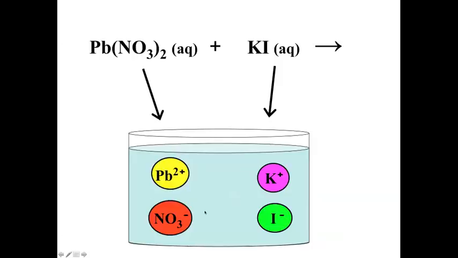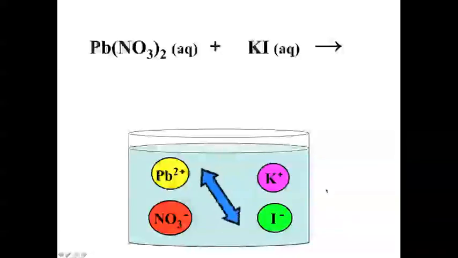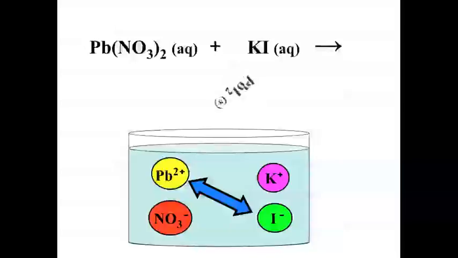Similarly, K+ might attract to NO3-, and so possible products are the combinations of Pb2+ with I- or K+ with NO3-.